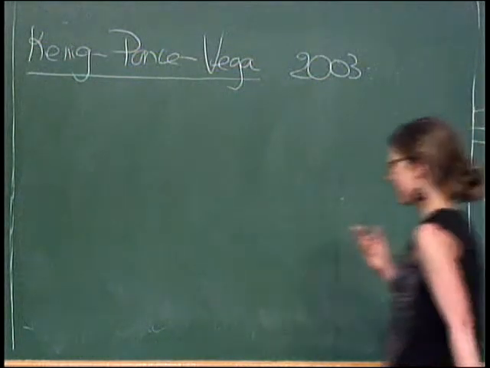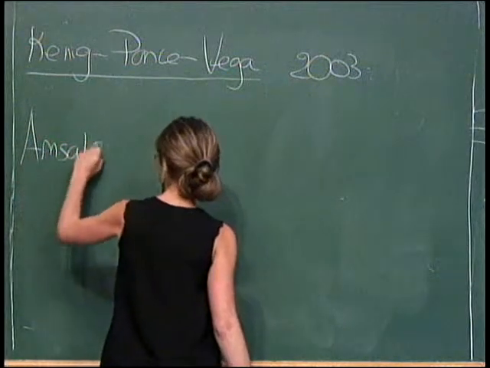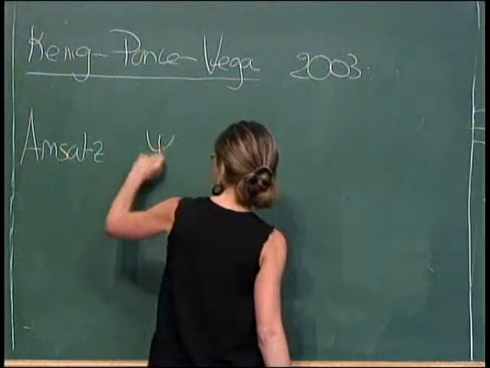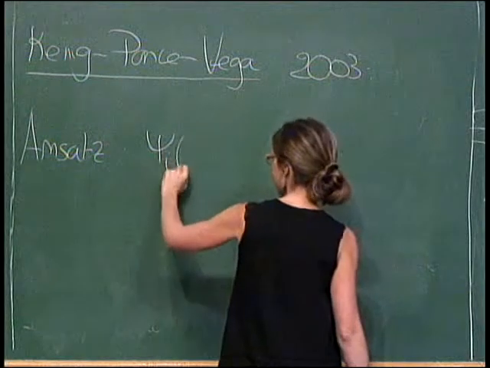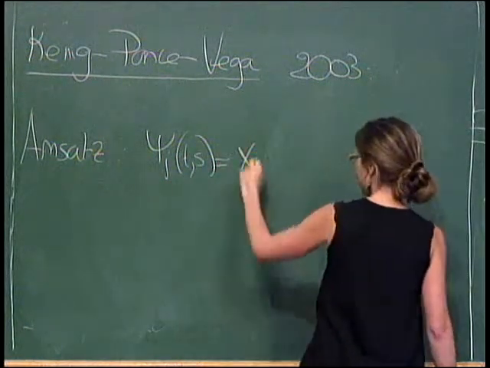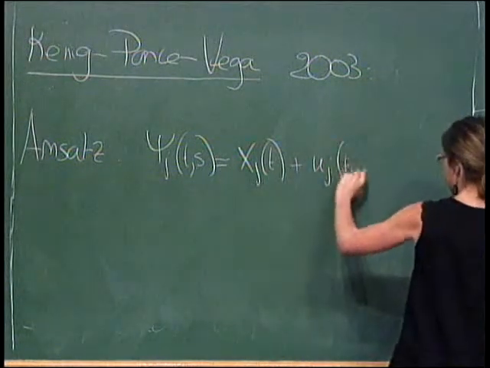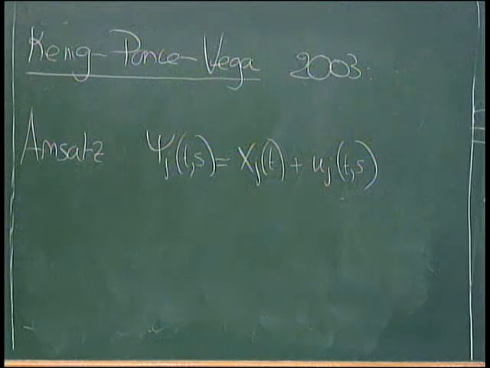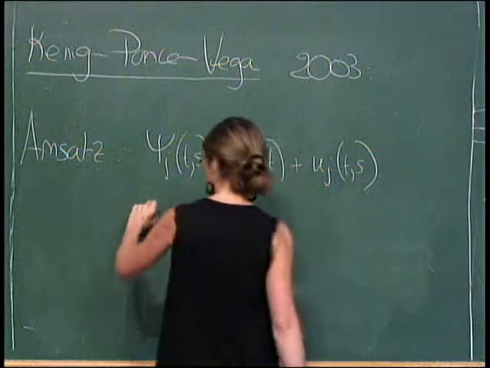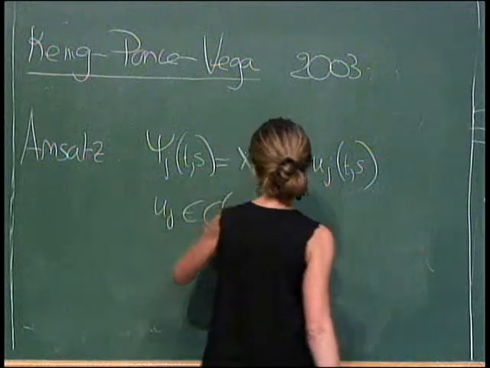So the ansatz is that we look for solutions such that psi j of t and s is equal to xj of t plus a function uj of t and s, for all t and for all s, where uj is a continuous function with values in H1.